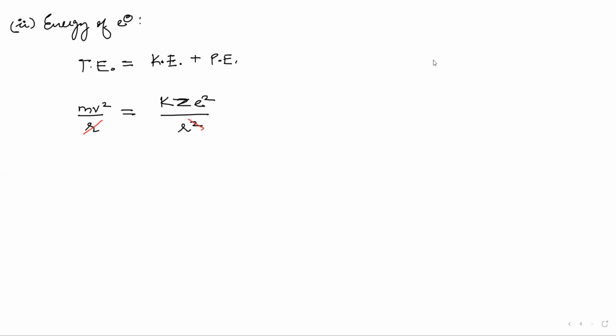Then I added half to both sides. Now this is half mv square, which is equal to k into Z into e square divided by 2r.